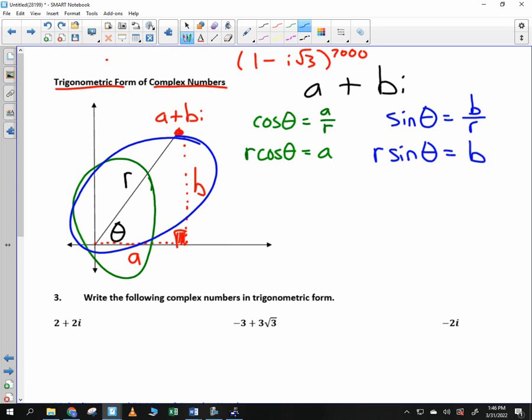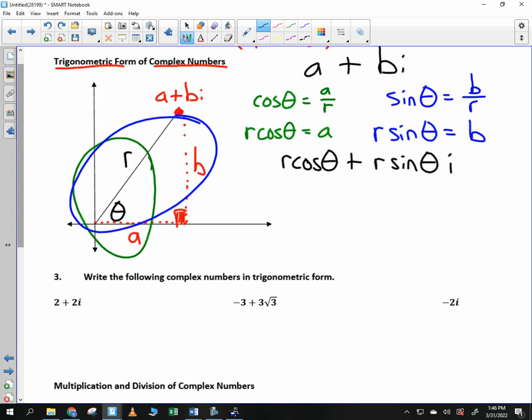So let's write it. I have R cosine of theta plus R sine of theta times I. They both have an R. What could I do if they both have an R?